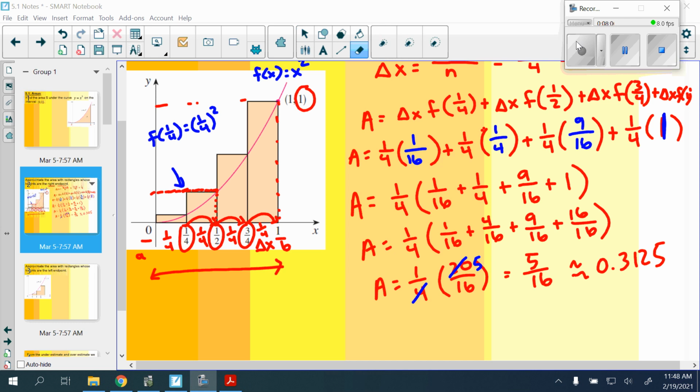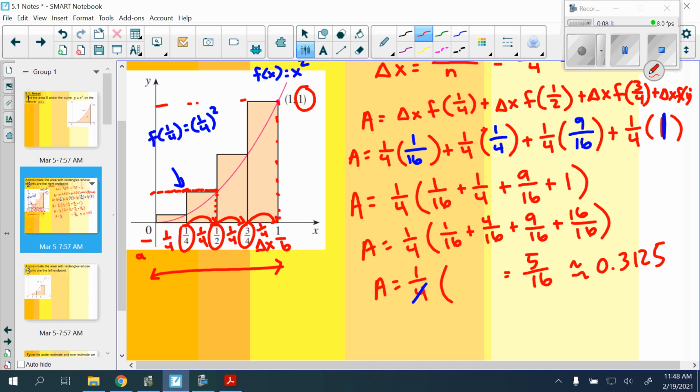Oh, whoops. Looking at this, I added a little bit wrong here. 25 plus 5 should have been 30/16. So if we simplify this one, 4 does not actually go into that, so it'd be 15.